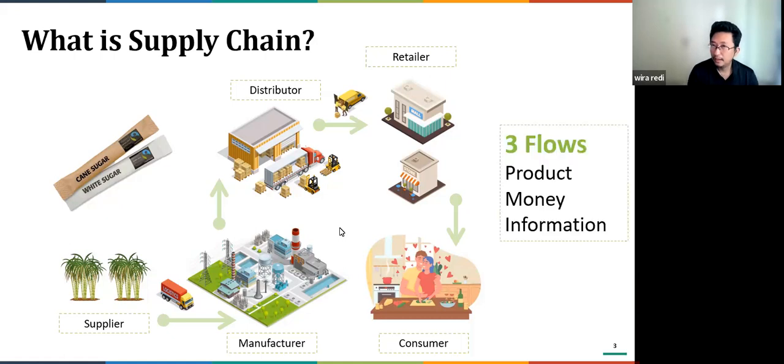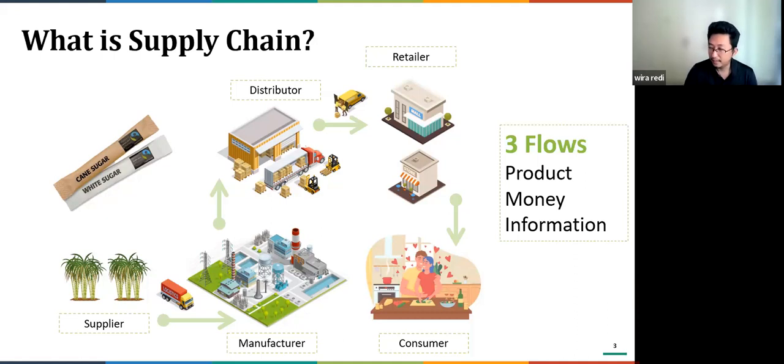So basically, there are three flows being managed in the supply chain. First, products or services, which flow from the supplier side through the manufacturer to the distributor and retailer and to customers. Normally it's a forward flow like that. Then there is the money flow, which is the opposite of the product flow.